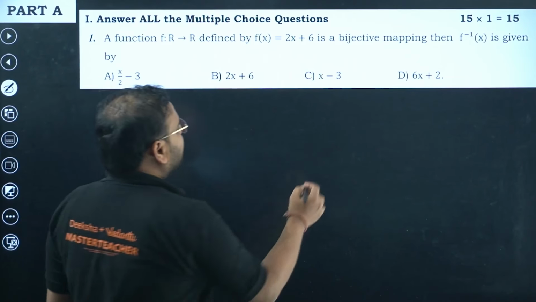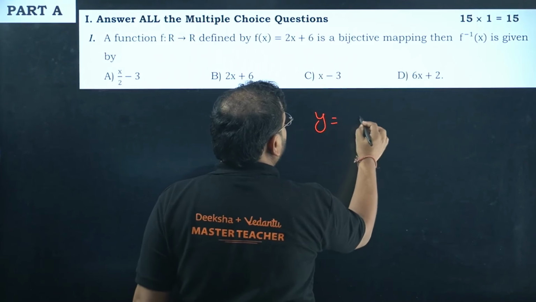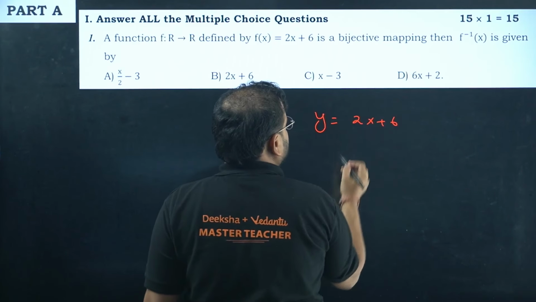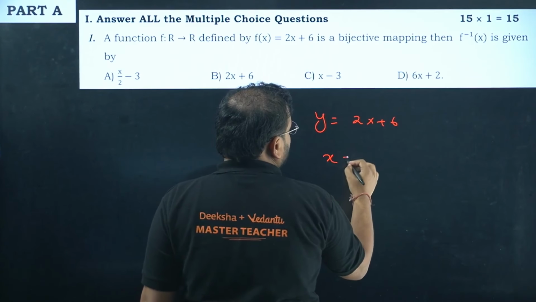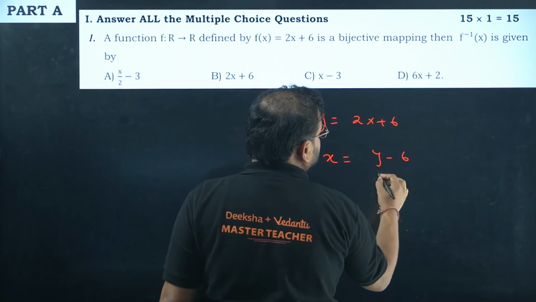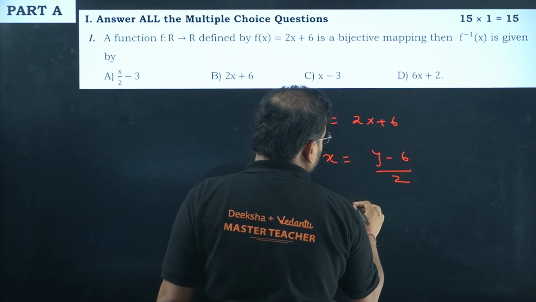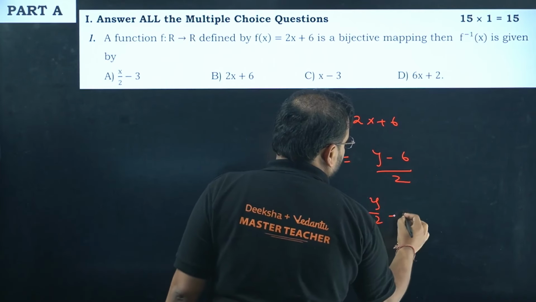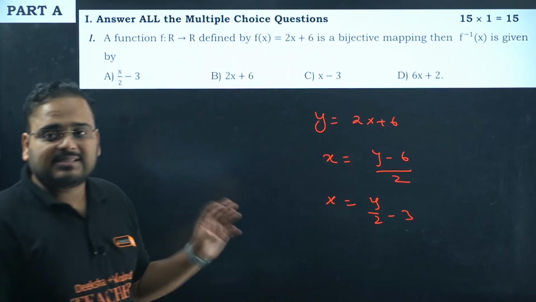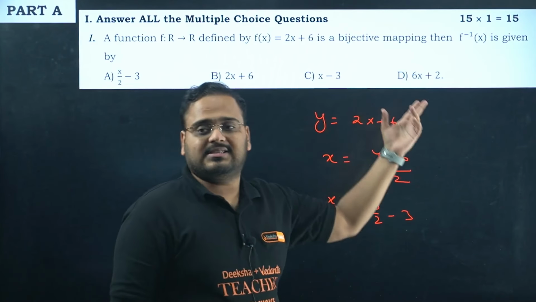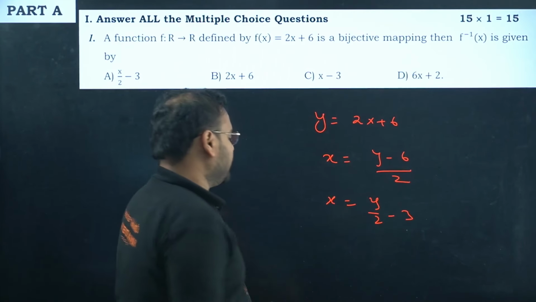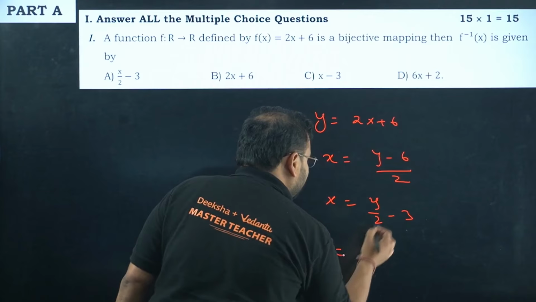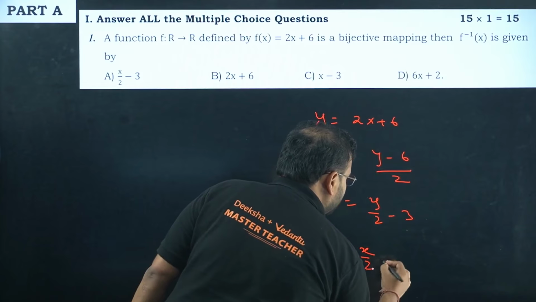How do you find the inverse? y equals 2x plus 6, take 6 to this side, make x the subject, you'll get (y minus 6) upon 2, so x equals y upon 2 minus 3. Since they're asking us f inverse of x, we'll replace y with x and get x by 2 minus 3.